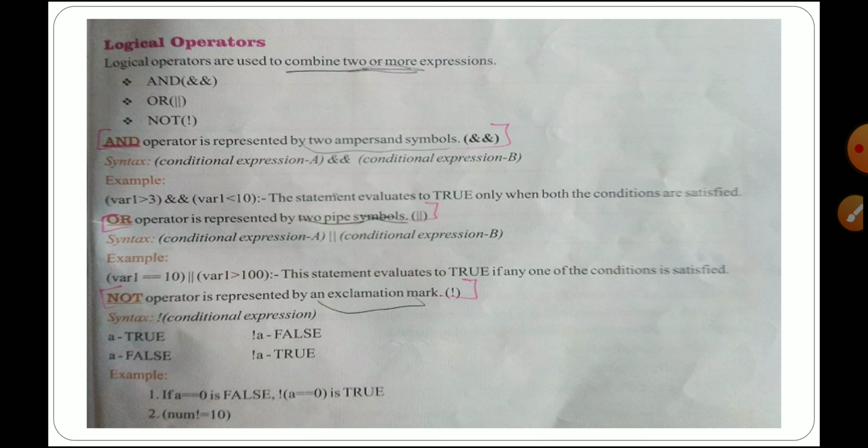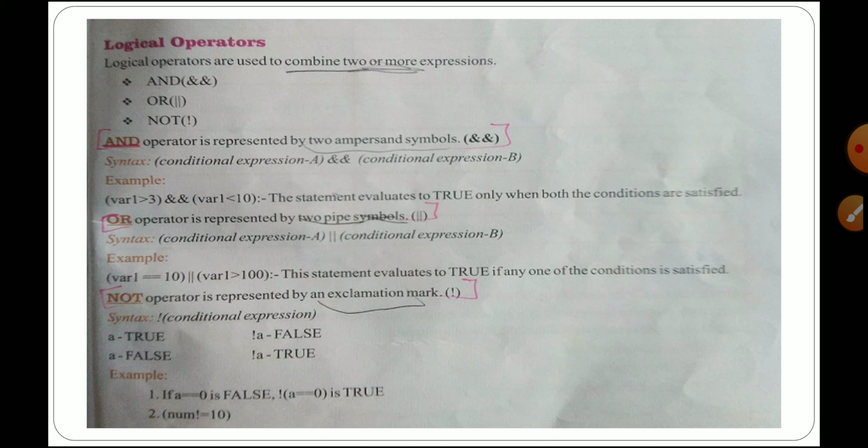Okay, next one is the NOT operator. This NOT operator is represented by an exclamation mark. You have to see that symbol clearly. For the conditional expression, we have to check the condition. If A less than B is true, the result will be false. If the condition is false, the result will be true.